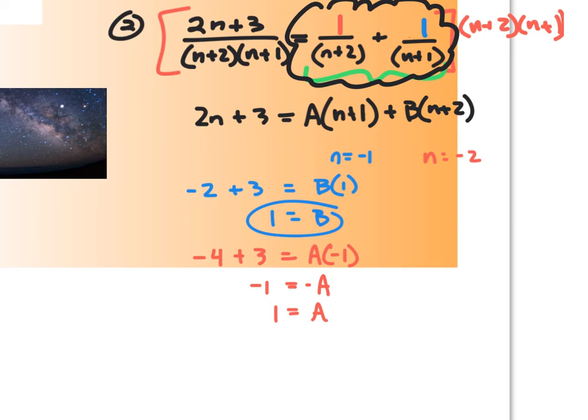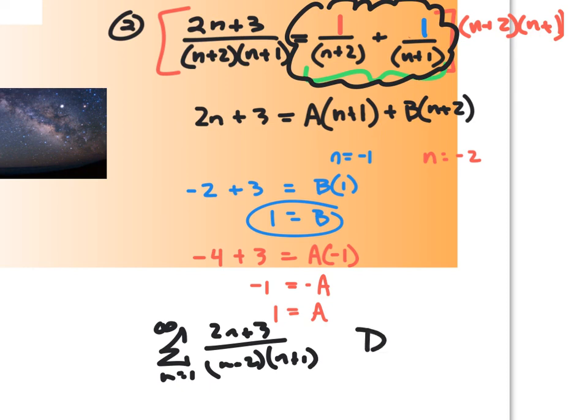But I know that both those values, a and b, are positive, and even if both values are negative, so if they're both the same sign, it's definitely not going to converge. So I know that this series from n equals 1 to infinity of 2n plus 3 over n plus 2, n plus 1, I know that's going to be divergent.